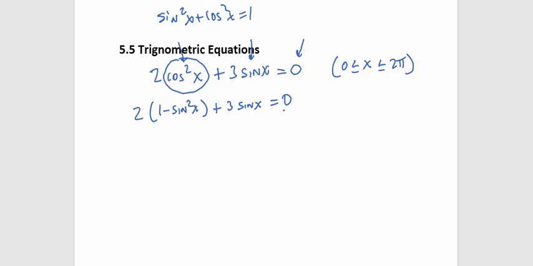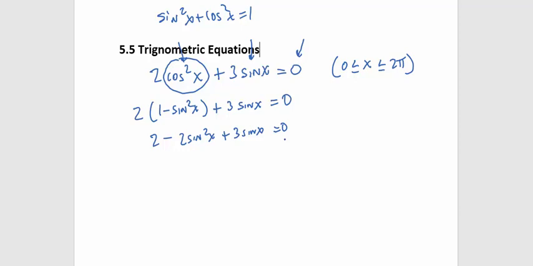All right, let's take a look now. Now if I distribute my 2, I'd have this 2 minus 2 sine squared of x plus 3 sine of x is equal to 0.